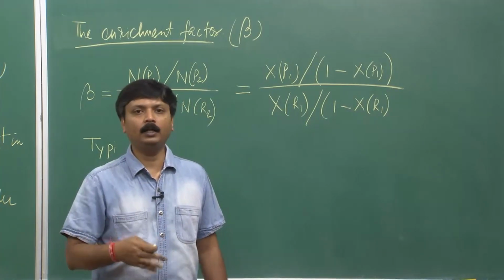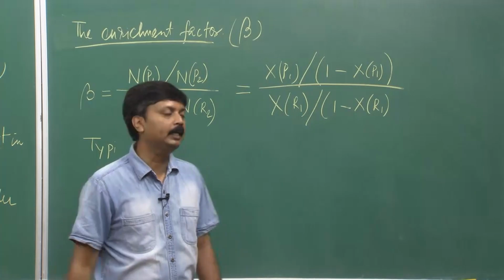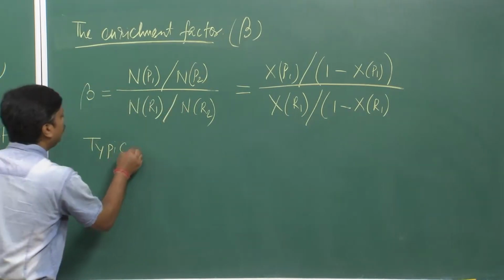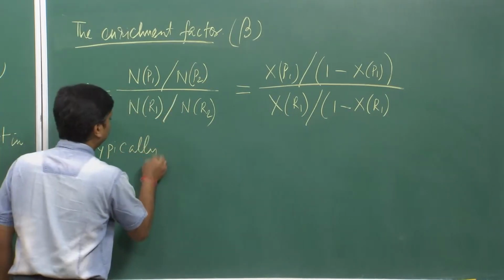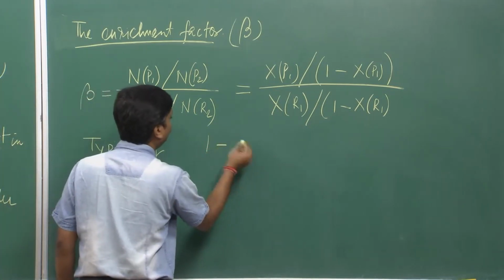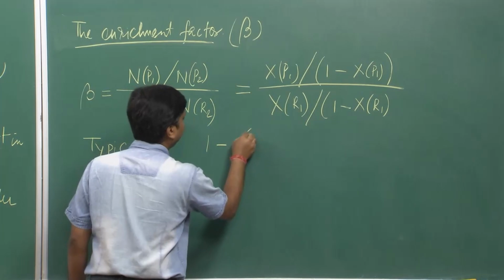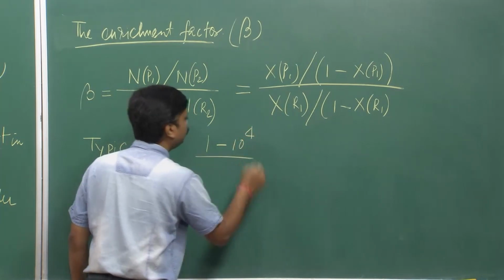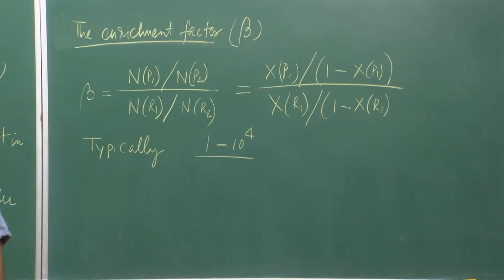If it is less than 1, then I have not achieved any enrichment there. So, the typical value of beta lies in the range of say 1 to 10 to the power 4. Okay. So, I will give you one example.